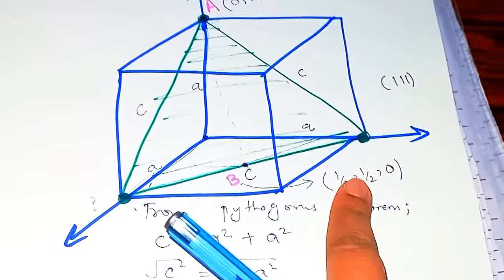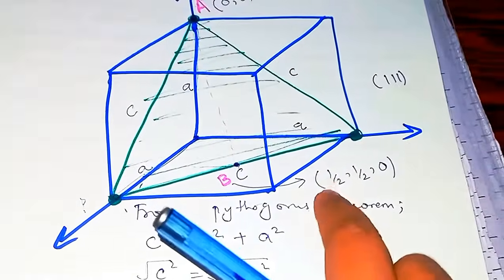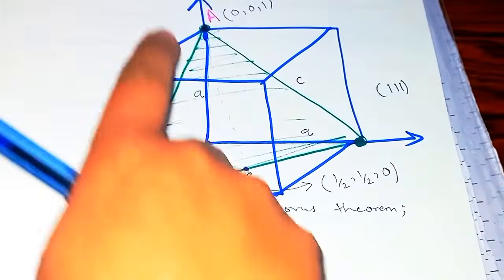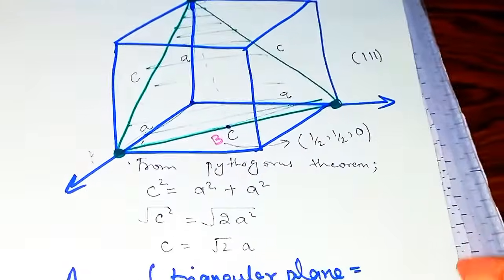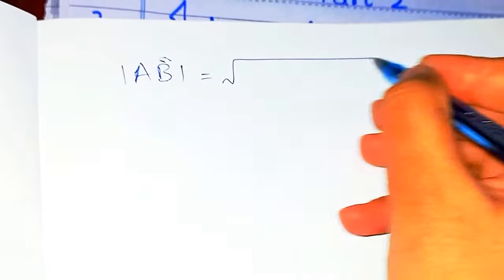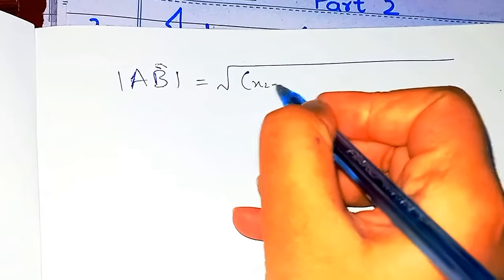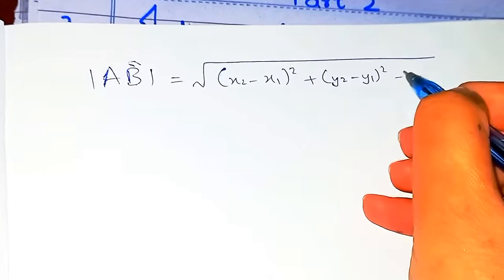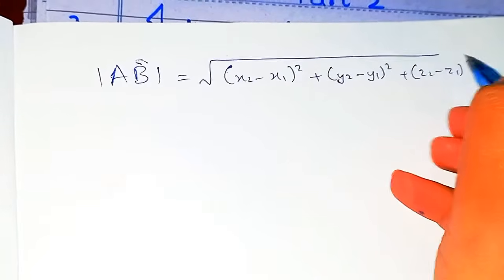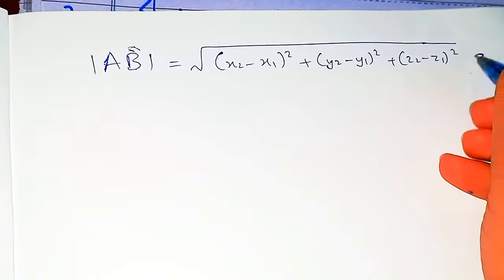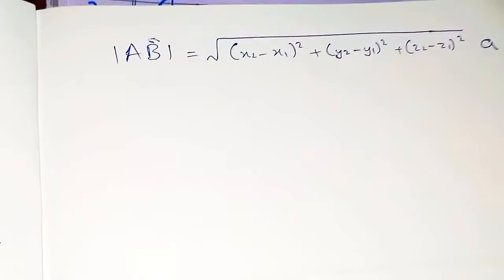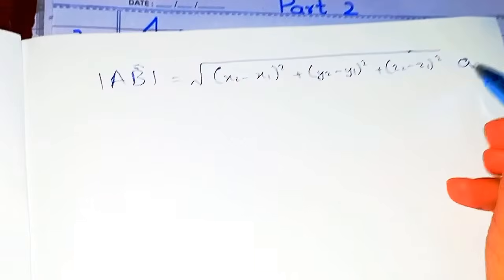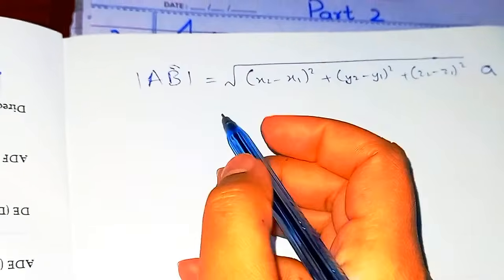Next we need to calculate this AB length, which is the height of this triangle. It equals the square root of (x2 minus x1) whole square plus (y2 minus y1) whole square plus (z2 minus z1) whole square, multiplied by the lattice parameter, because the lengths are in units of the cell, so we need to multiply by the lattice parameter.